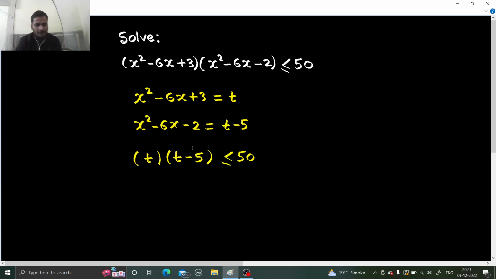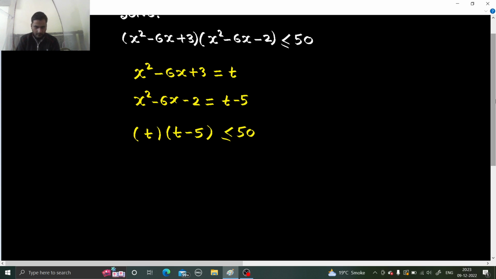I hope you have solved problems like this. Our next goal will be to take this 50 to the other side so that we get 0 on the RHS, because that's what we want, so that the question is simpler.